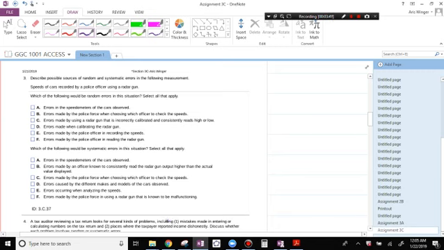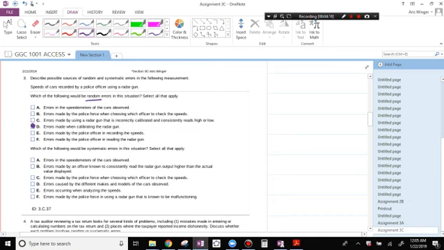Okay, so errors made by the police force when choosing which officer to check the speeds. No. Errors made by using a radar gun that is incorrectly calibrated and consistently reads high or low. We're looking for random errors. That's not a random error. That looks like a systematic error. Errors made when calibrating the gun. Okay.